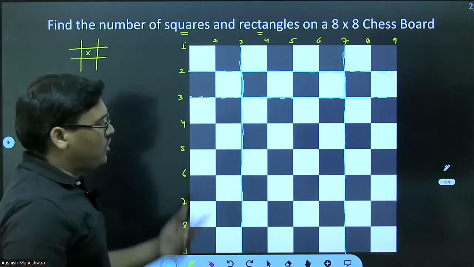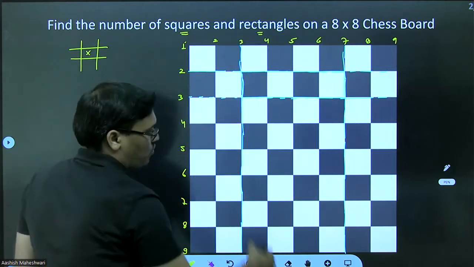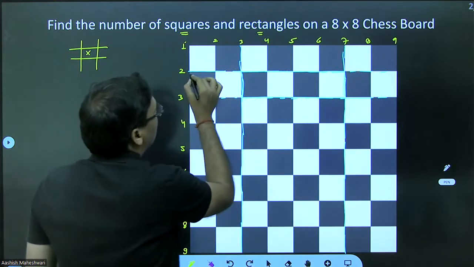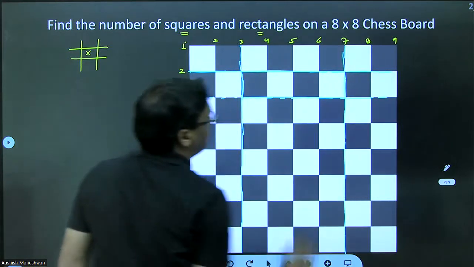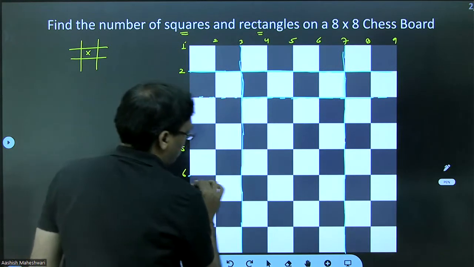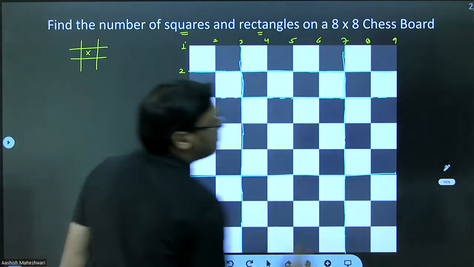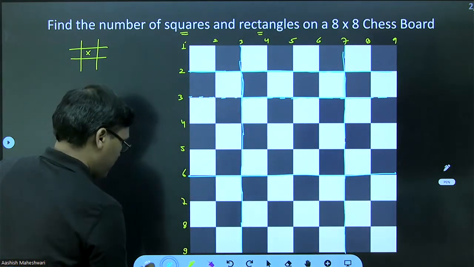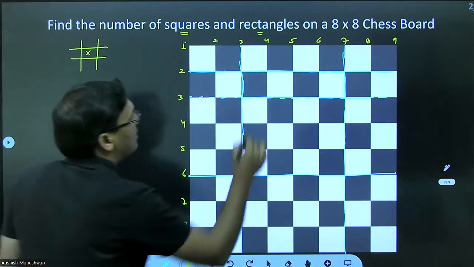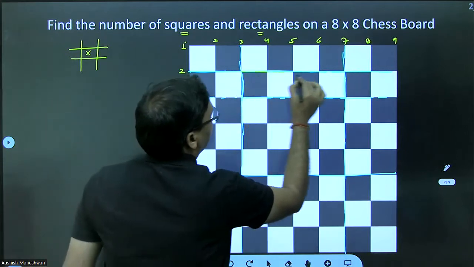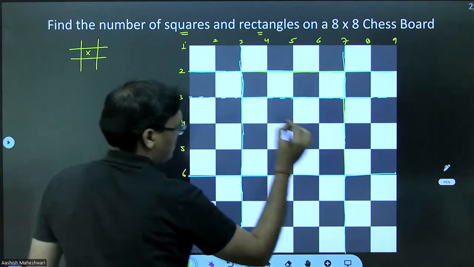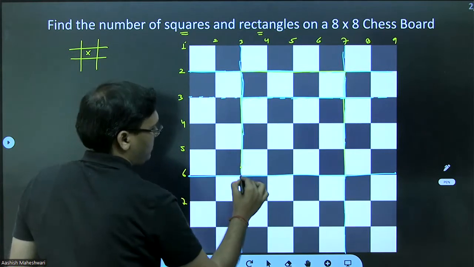I can actually take any combination. For example, if I take these 2 vertical lines and this second horizontal line, and let's say I took this 6th horizontal line, what is the rectangle you can see here? This is the rectangle formed.